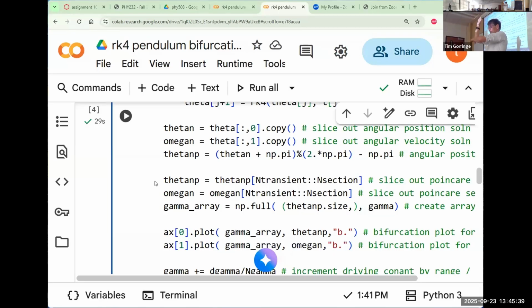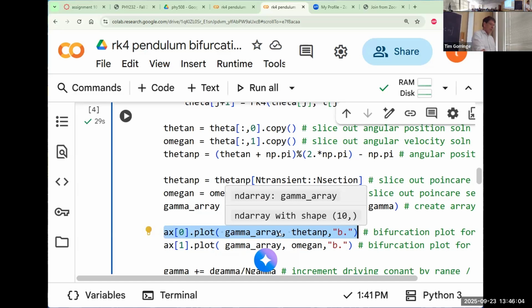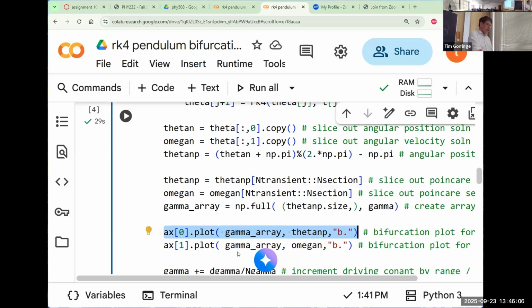So it's going to be theta versus driving constant, because I'm scanning the driving constant. And it's going to be omega versus driving constant. So I'm going to make this new type of plot, which is my bifurcation or my Feigenbaum plot. The two plots I'm going to make are gamma versus theta.